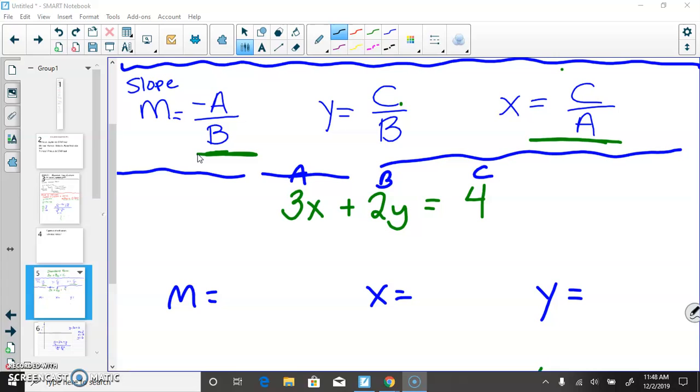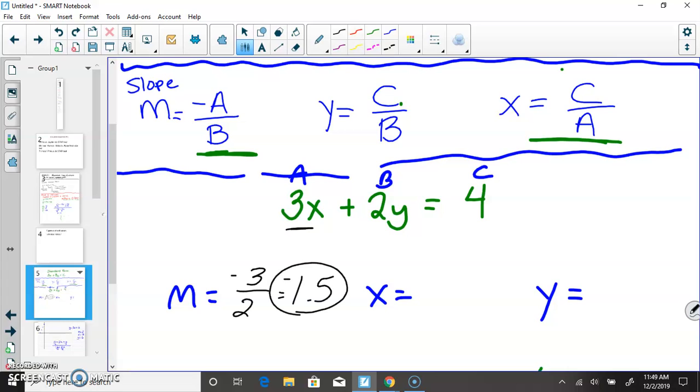So your next one is 3x plus 2y equals 4. 3 is your A, 2 is your B, 4 is your C. So you have to find M, Y, and X. For M we do negative A. So we take our A, negative 3 divided by B, which is 2. Negative 3 divided by 2 is what? Negative 1.5 again.